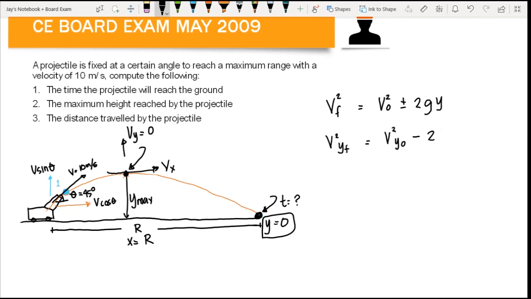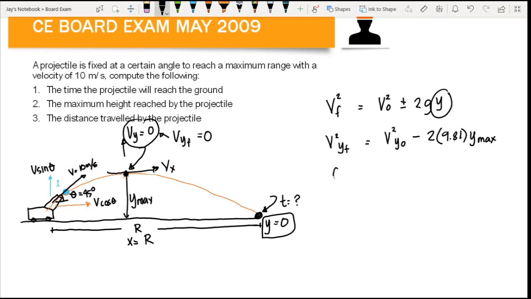Then we have a 2 times 9.81. Then our y here, that is the maximum height. That means we have here y maximum. Now we know that at this point, this is our final vertical component of the velocity. That means we have our vyf here is equal to 0.